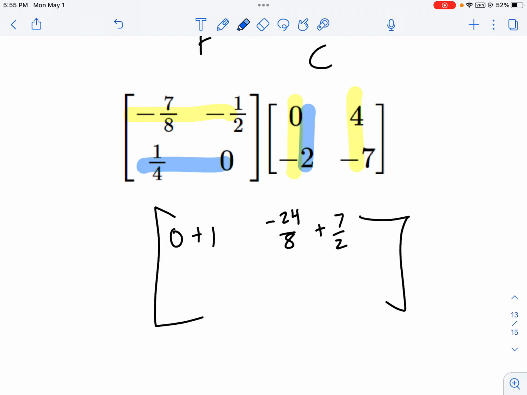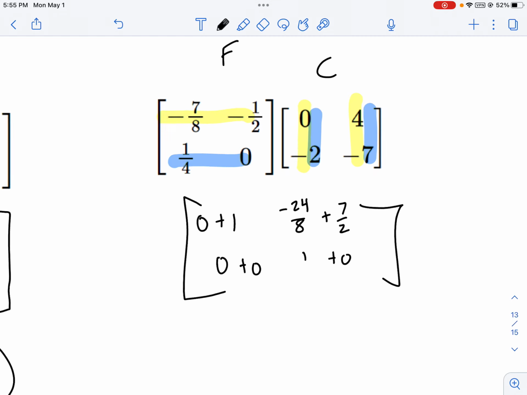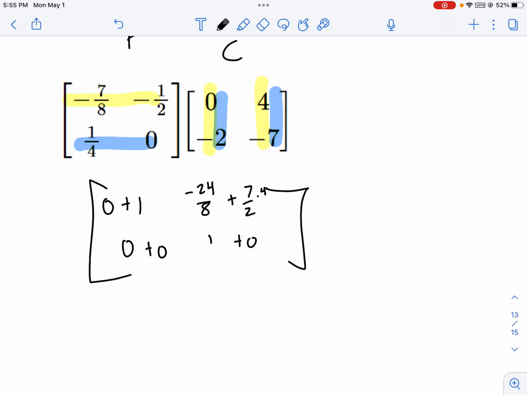Second row, first column, that'd be 0 plus 0. And then on to the next column, that'd be 1/4 times 4, which is just 1, plus 0. I'm going to get another common denominator, 4 and 4.